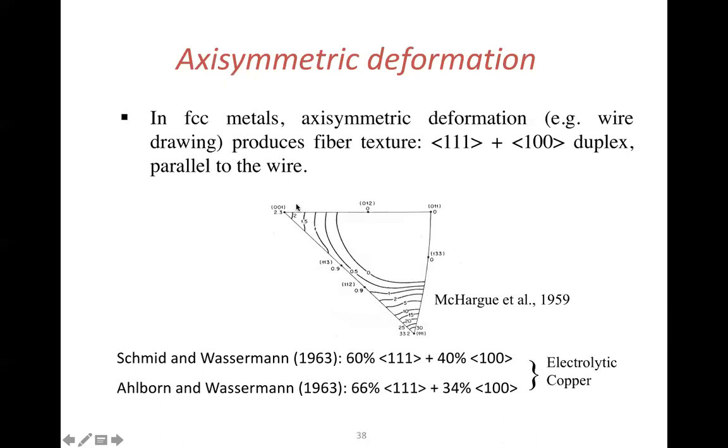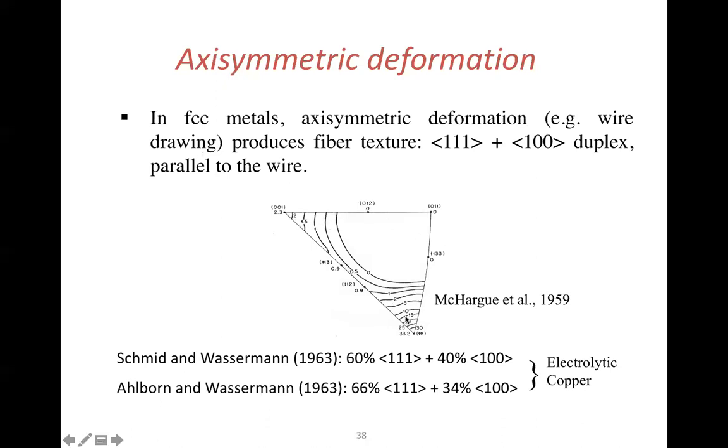So here we have this wire drawing texture, for copper wires that comes about when you have an axisymmetric deformation, meaning you're taking a cylinder, you're making it longer and skinnier at the same time.